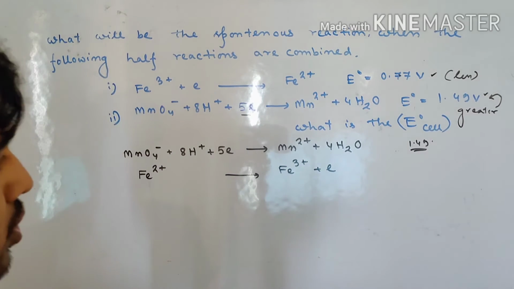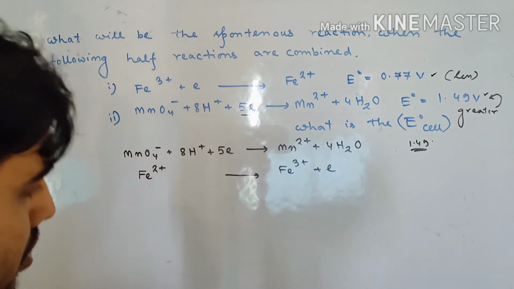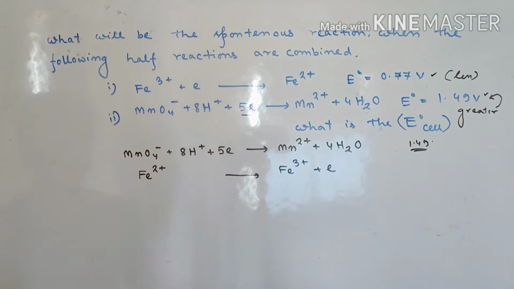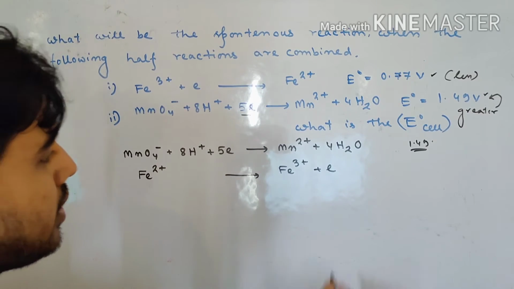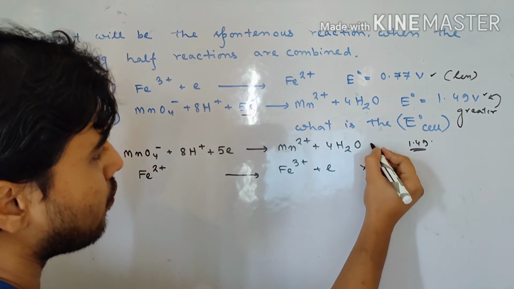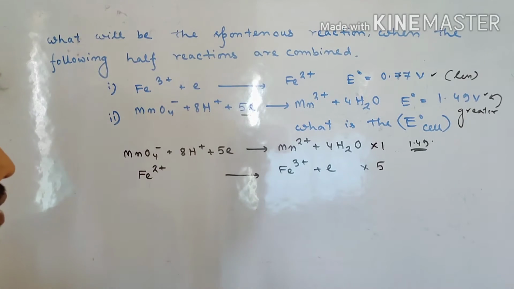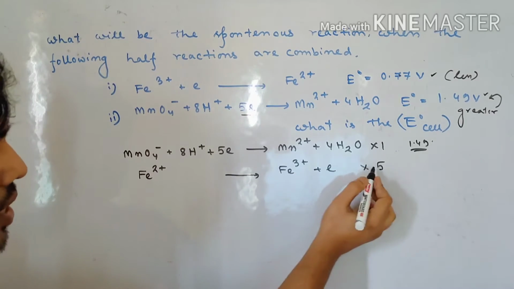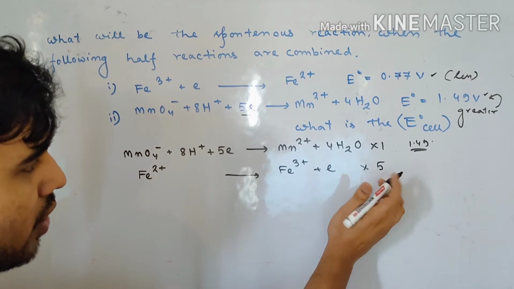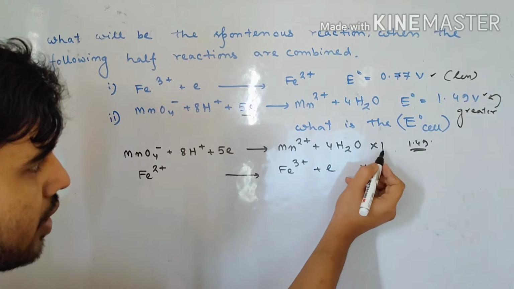Next job is to balance the electrons. To do that, it is very clear that here it is 1 electron and here it is 5. So this one is to be multiplied by 5, and this one by 1.